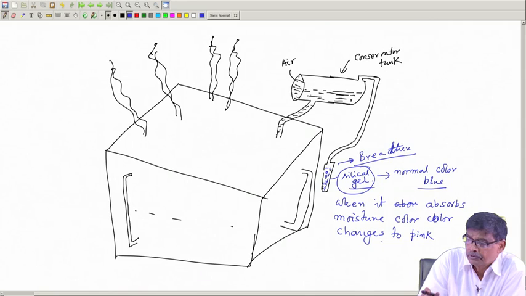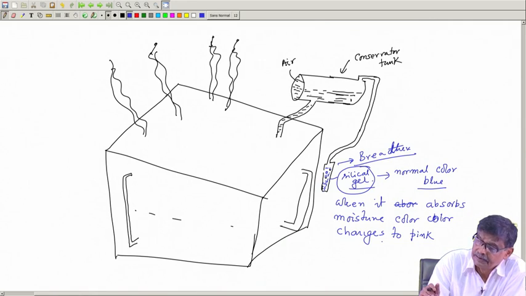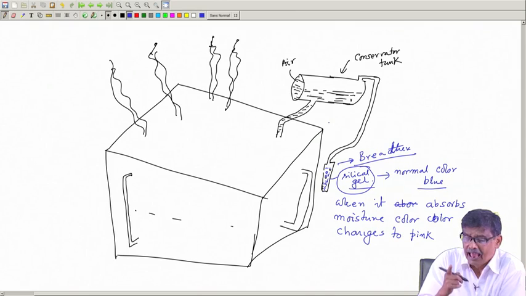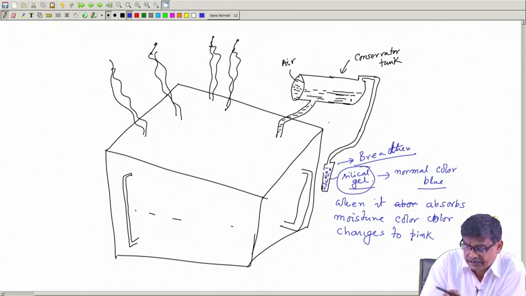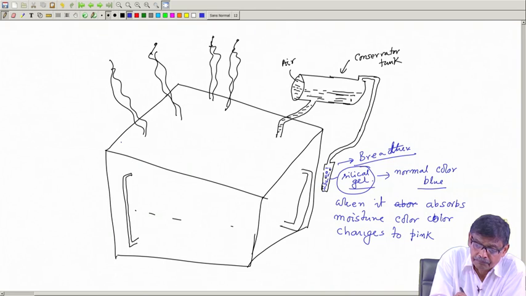Okay. So, the transformer has got a breather and this is the air oil interface, and another fitting will be there on the tank of the transformer, that is called the explosion vent.